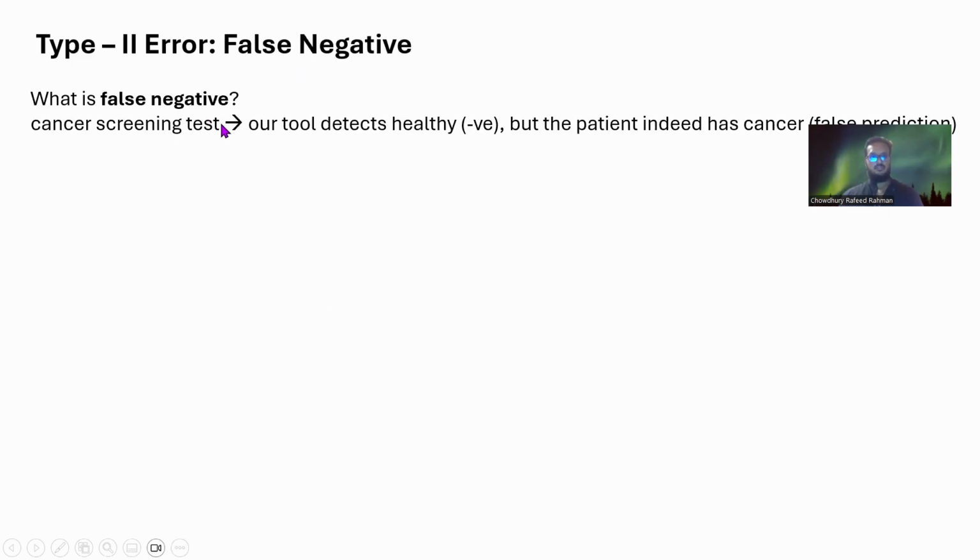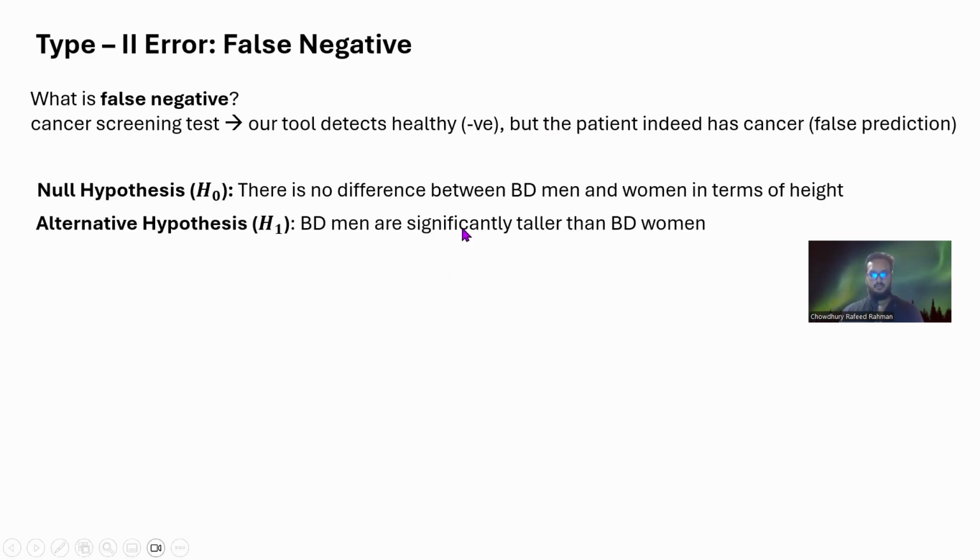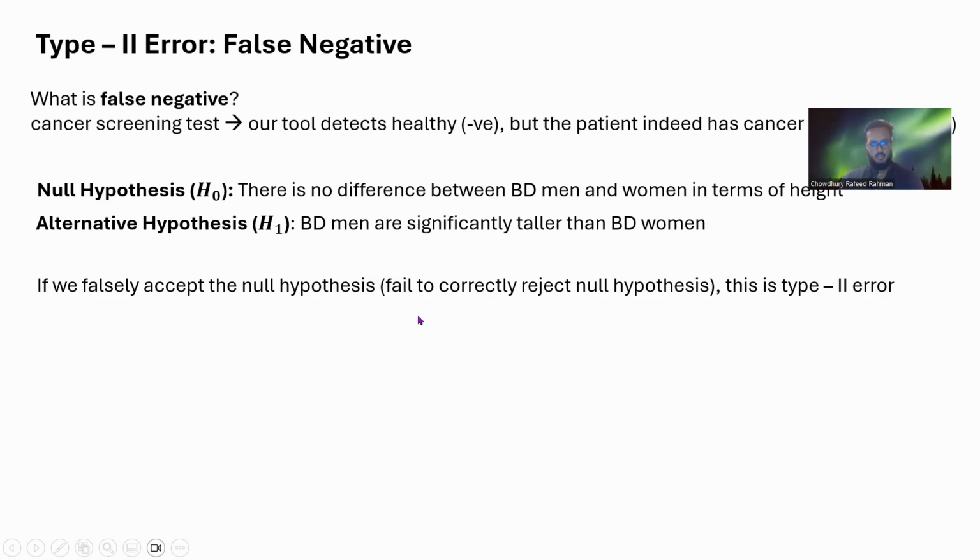Again, we give the same example to start with. If your tool detects healthy, that means it doesn't detect cancer, it's a negative prediction, but the patient actually has cancer, then it's a false prediction, so it's a false negative prediction. And with the same example of height, you now know what's going on, because if we falsely accept the null hypothesis, if we falsely accept H0, that means we fail to correctly reject the null hypothesis, and this is going to be a type 2 error.